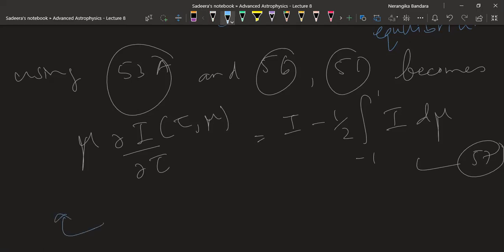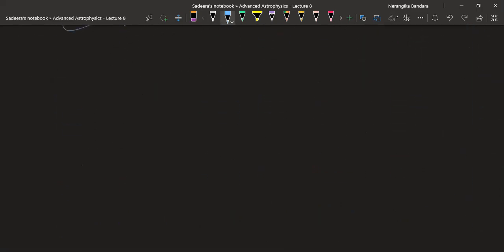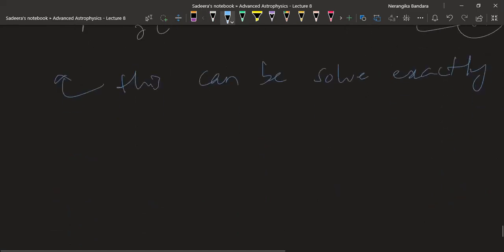This can be solved exactly for I, as a function of tau and mu.